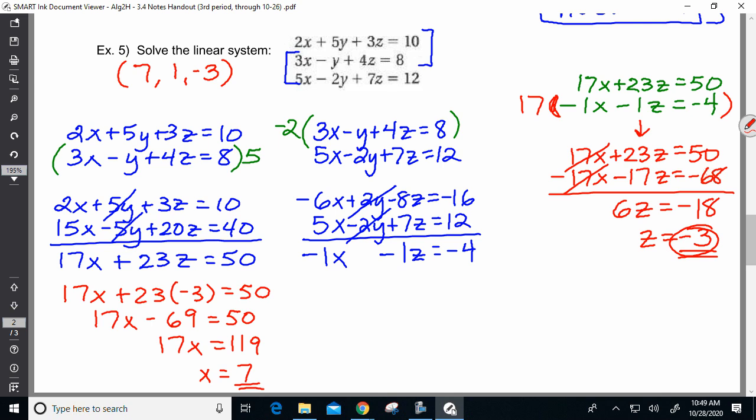So to get y, you go back to where you started. Pick an equation and start working it out.